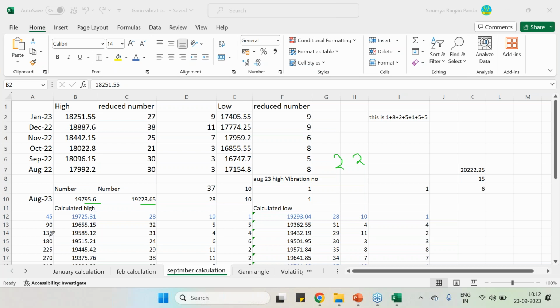Why 7.5 degree? 1 degree equals 4 minutes. So 7.5 degrees equals 7.5 into 4, which is 30 minutes. So half an hour is the smallest minute cycle in terms of time in trade.